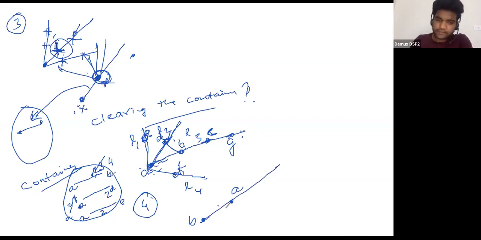You will find that that line is already there, and you will accidentally increment the count by 1. When you enumerate B and D, this line, you will find that BD is not there. You will put it in the map and you will initialize the count by 2, which is fine.